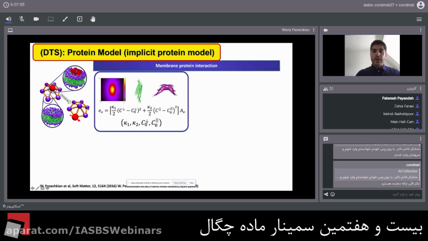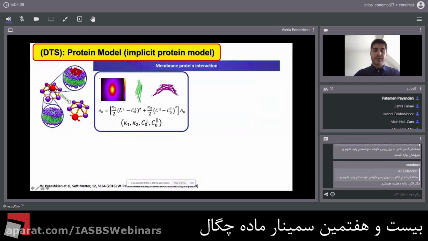For an elongated protein that induces an elongated curvature profile, we model it by adding this term of the energy to every single vertex energy, and it has model parameters, K1 and K2.